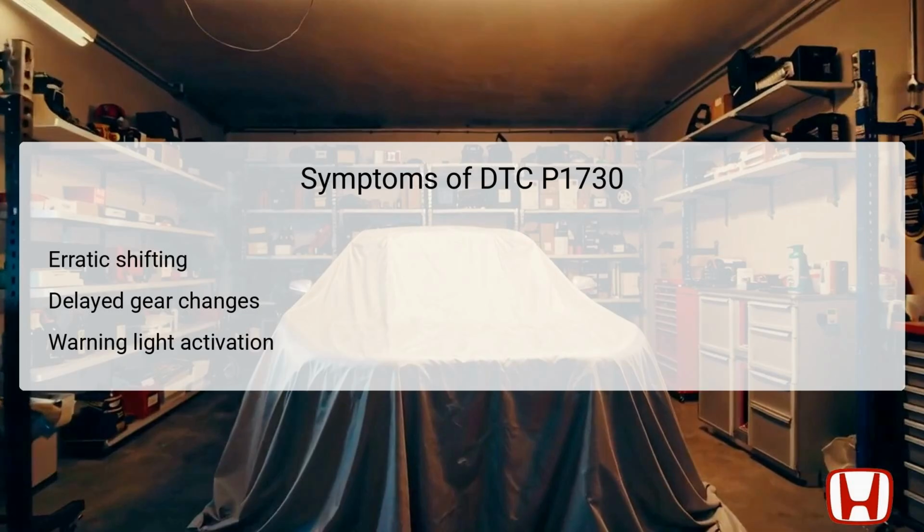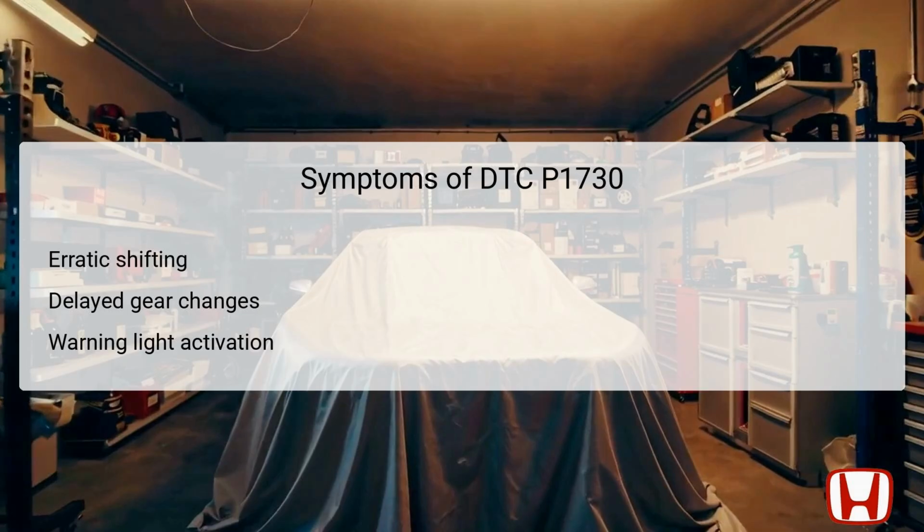Drivers may also notice delayed gear changes, where the vehicle hesitates before engaging into the next gear, potentially causing unsafe driving conditions. Additionally, the activation of the vehicle's check engine light can alert the driver to underlying issues with the transmission system. Recognizing these symptoms early can be crucial in preventing more severe damage to the transmission, leading to costly repairs if left unchecked.